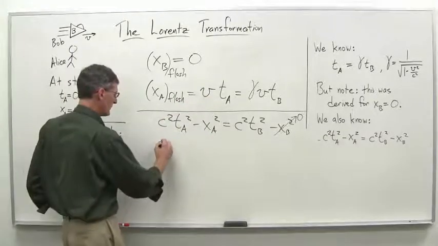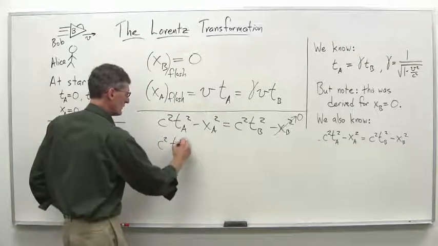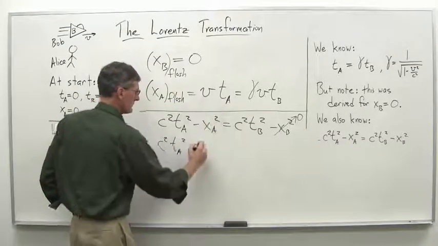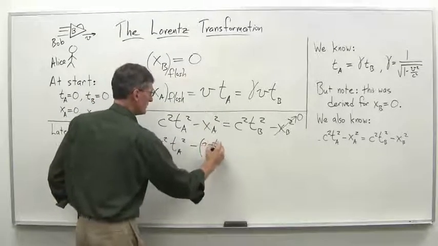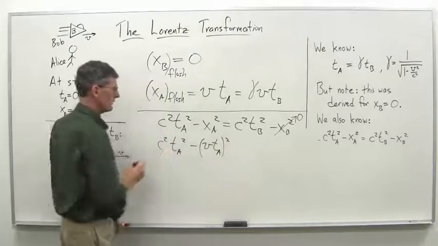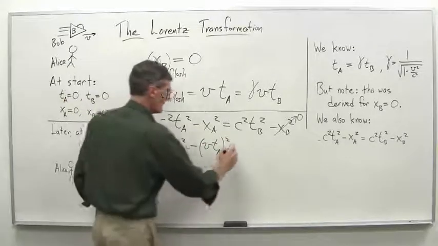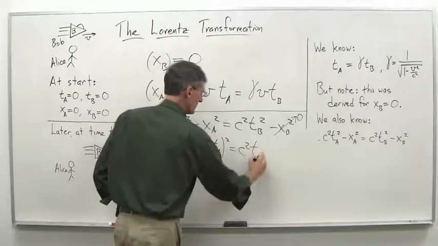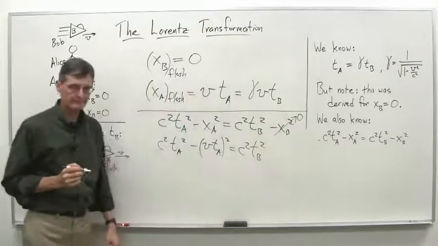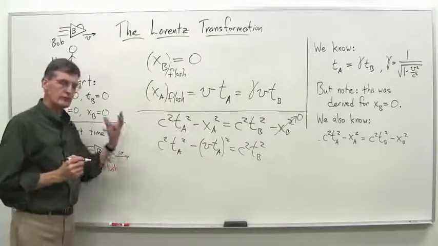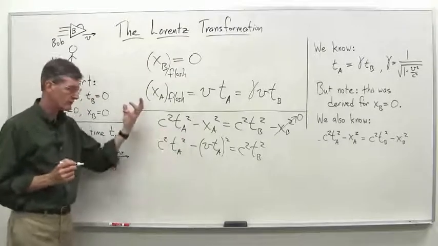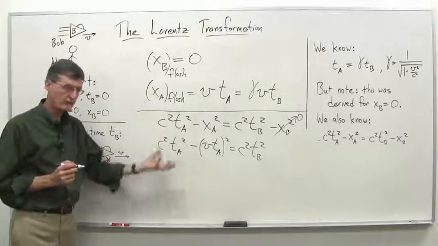So we're going to get c squared t_a squared minus (v t_a) squared, just plugging that in, equals c squared t_b squared. And the advantage of these formulas is that once you set it up correctly, you just crank through it.